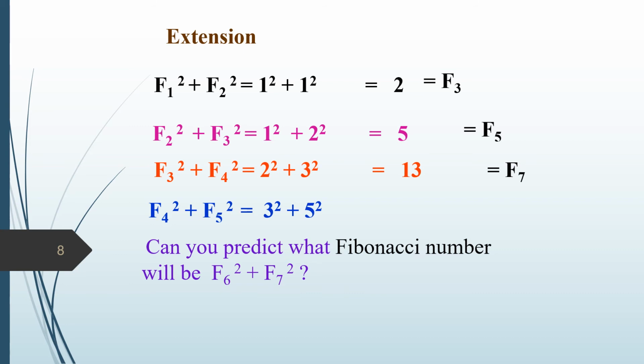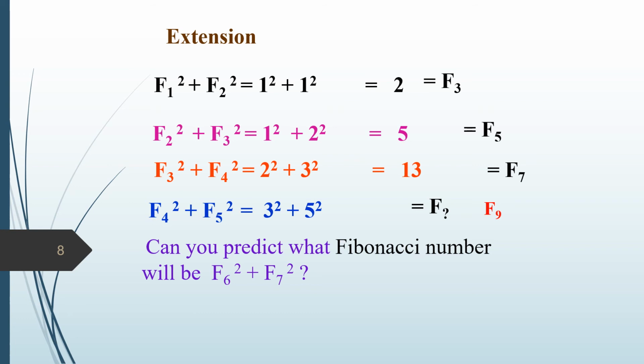without finding the number, we can identify the pattern and guess that it should be the ninth Fibonacci number. 3 plus 4, 7; 2 plus 3, 5; 1 plus 2, 3; and so 4 plus 5, it should be 9.